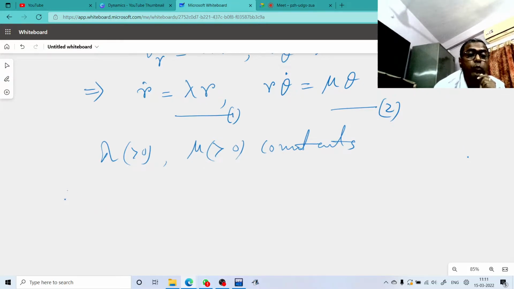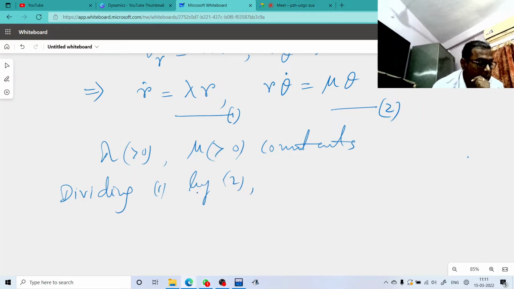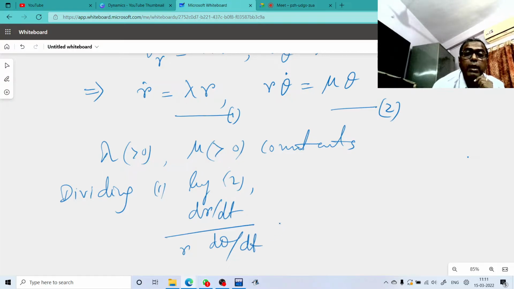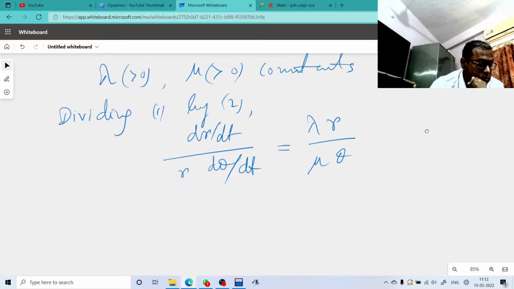Dividing 1 by 2, we get (dr/dt)/(r dθ/dt) equals λr/μθ.